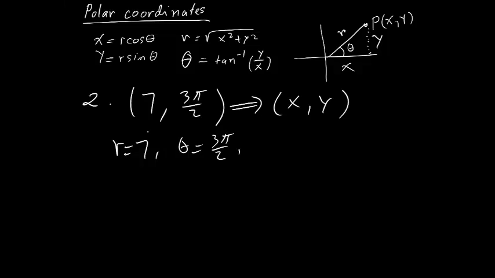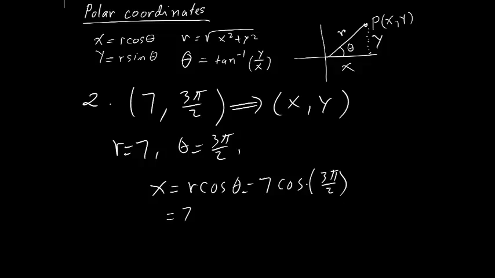So r theta known, you find x. r cosine theta, 7 cosine 3 pi by 2. Now if you look at the value of cosine 3 pi by 2 from unit circle or your own understanding, you have that one is 0. So that gives you 0 for x.